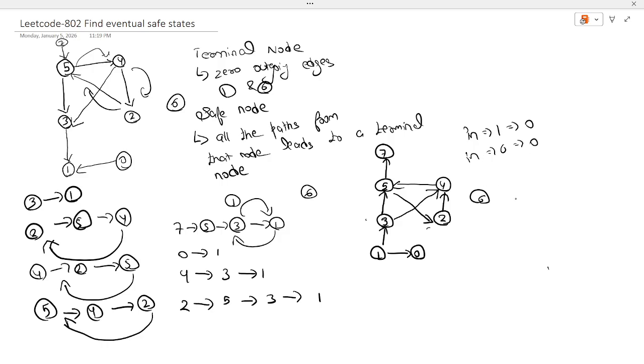What we can do is we will simply push 1 and 6 inside a queue.